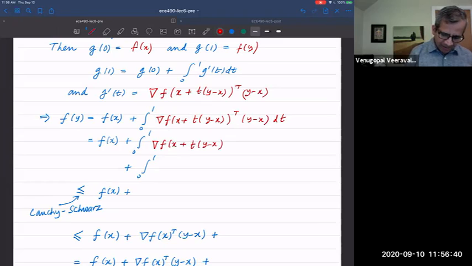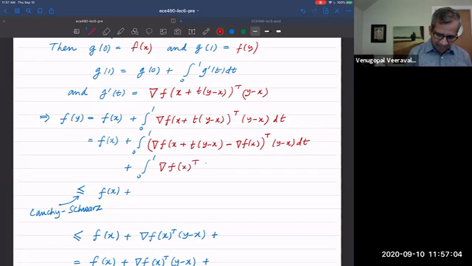So in order to use that condition, I'm going to add and subtract out here the gradient of f at x, then add back the gradient so as to not change anything.